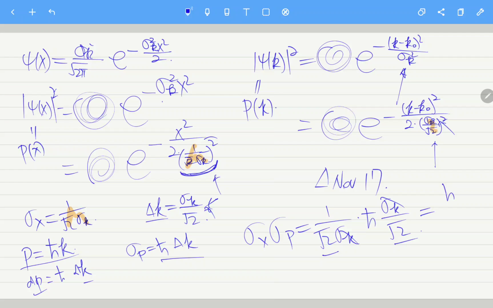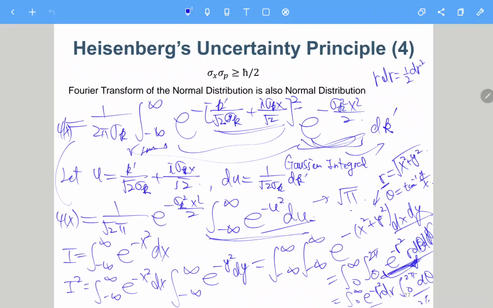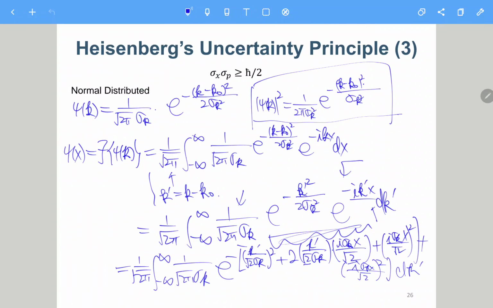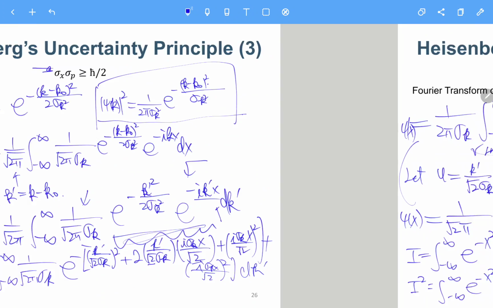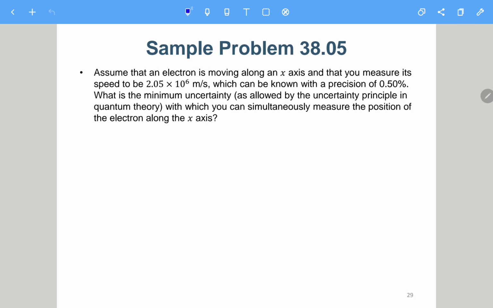So finally, we have h bar over 2. This is the equality condition for the Heisenberg uncertainty principle, and in general sigma x times sigma p must be larger than or equal to h bar over 2.